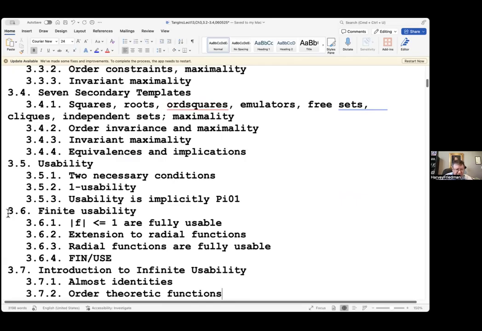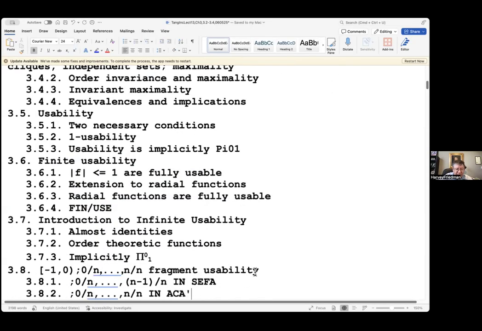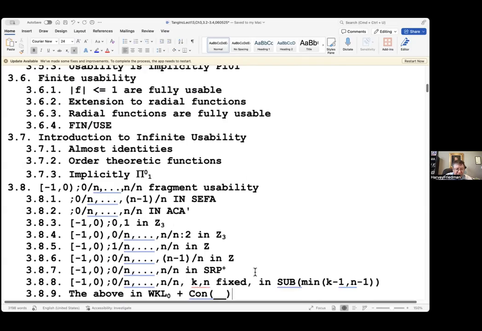And then the lecture after next handles the finite case, which is fully understood now. The finite case: what finite functions can you use in the theory? And this doesn't require any set theory. But when we get to infinite usability, things are very different. Then the subject really takes off in terms of its connection with set theory.